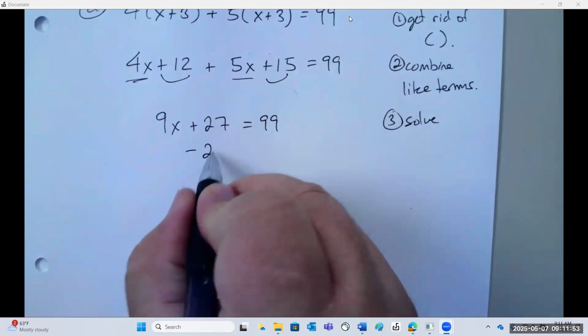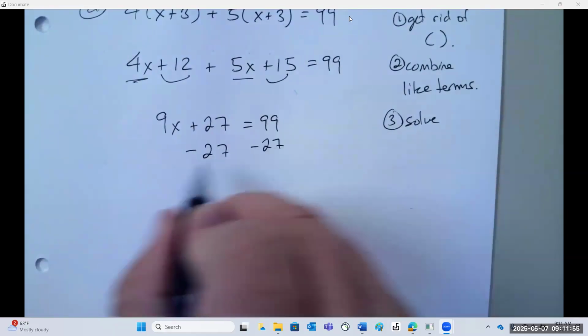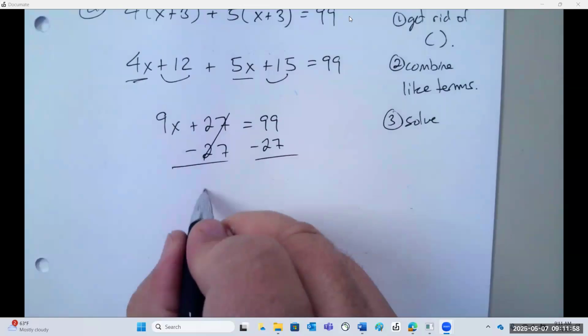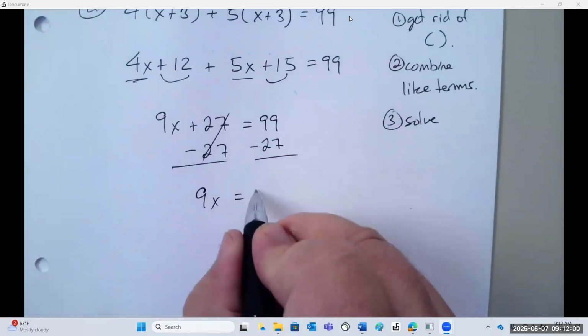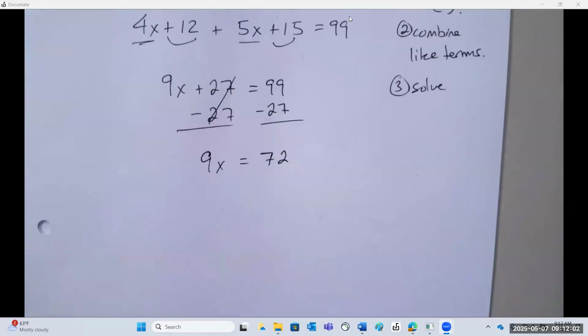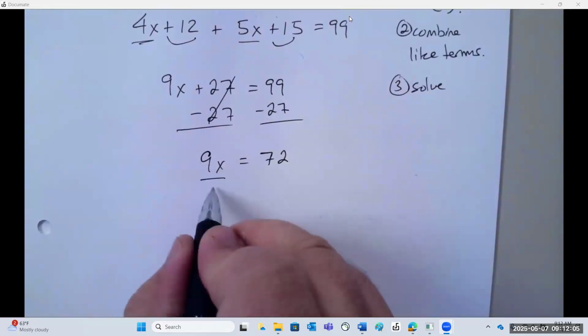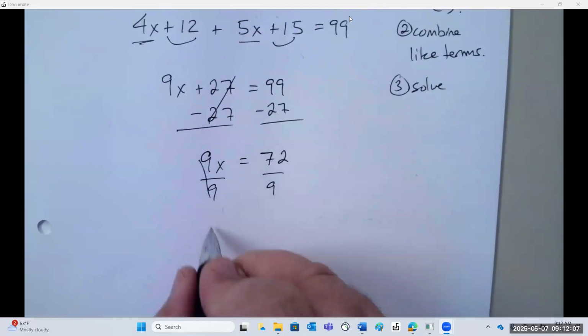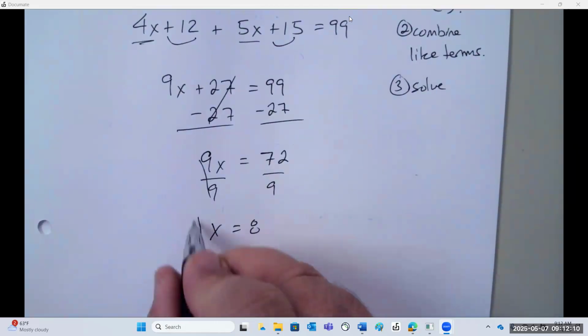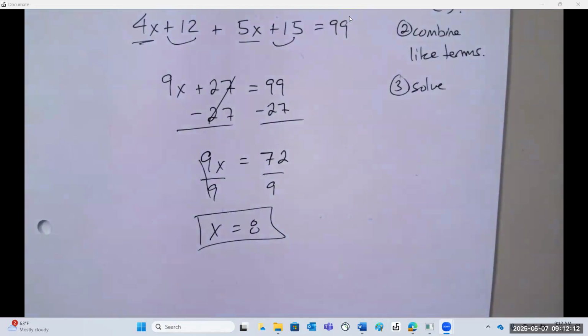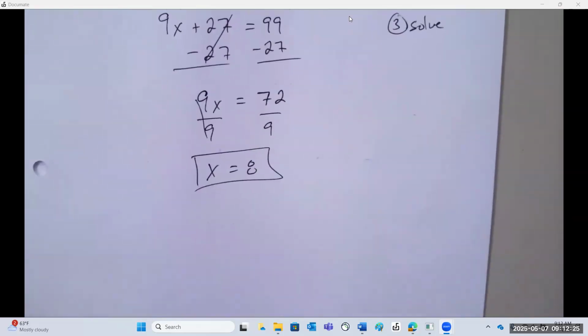And then solve. Right. So that's the end of that section.